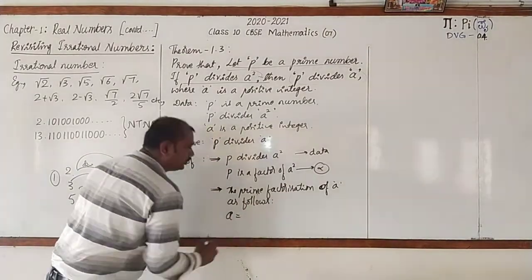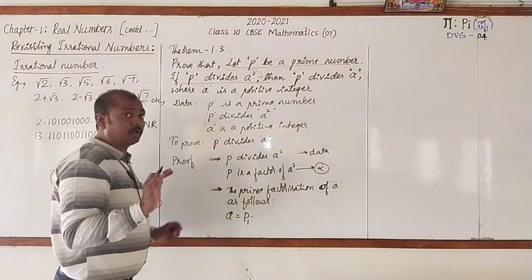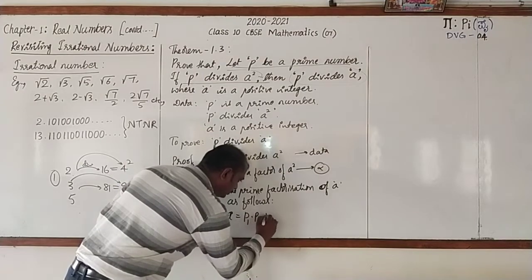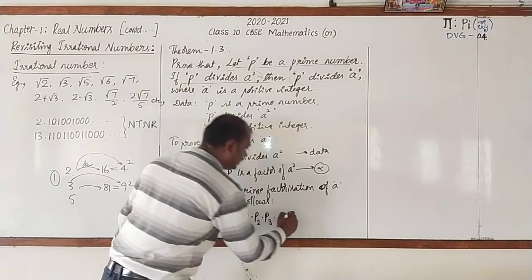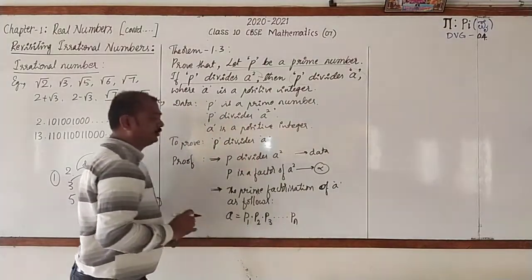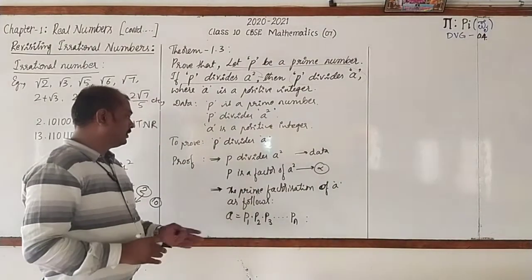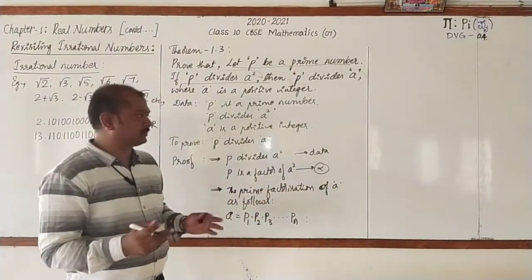A is equal to P1 into P2 into P3 into P4, P5 and so on, up to PL. Got it? P1, P2, P3 and so on. They may be primes or may not be also.